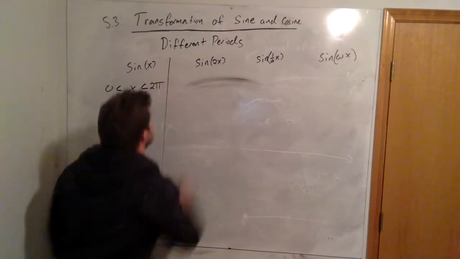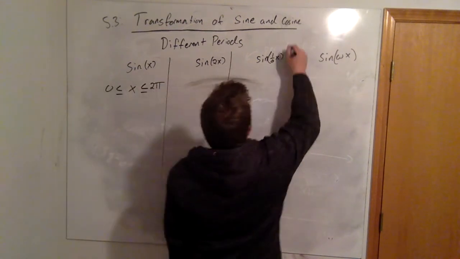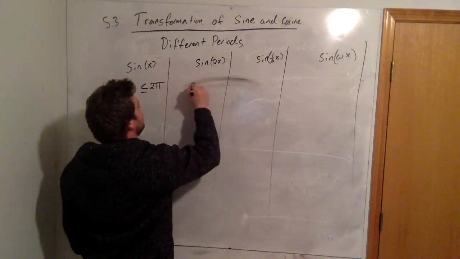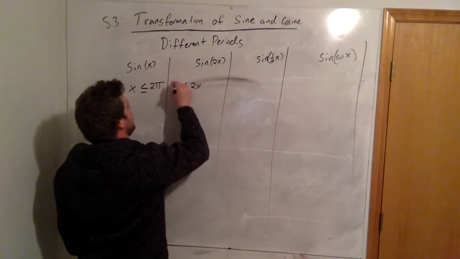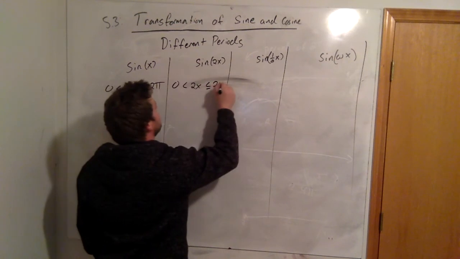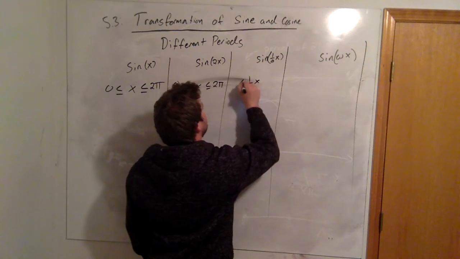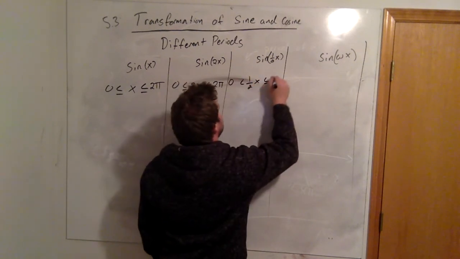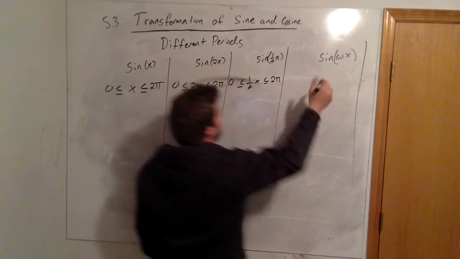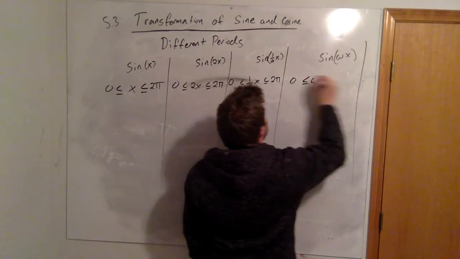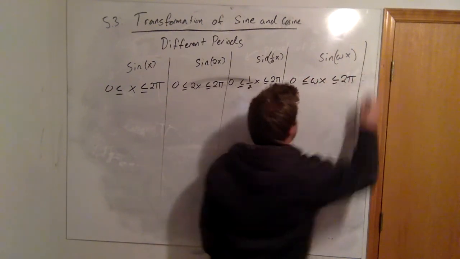I'm going to make this table. So I'm going to have one period when the inside of the function, I'm plugging in values between 0 and 2 pi. Over here, when the inside of the function is between 0 and 2 pi. Over here, when the inside of the function is between 0 and 2 pi.